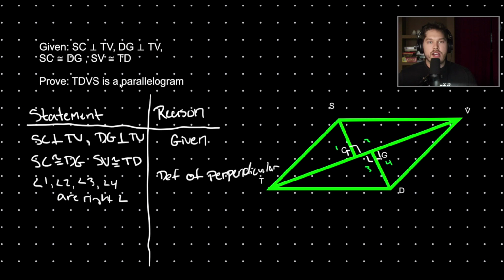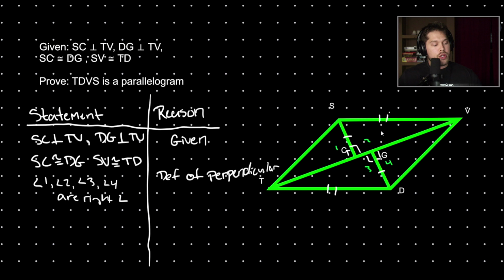All right, what was the other given statement? It was that SC is congruent to DG. So let's mark that. These two lines are congruent. And we're also told that SV is congruent to TD. So this bottom portion is congruent to this top portion.